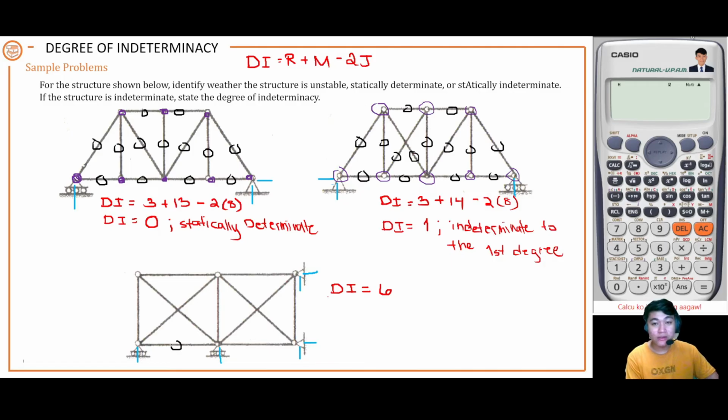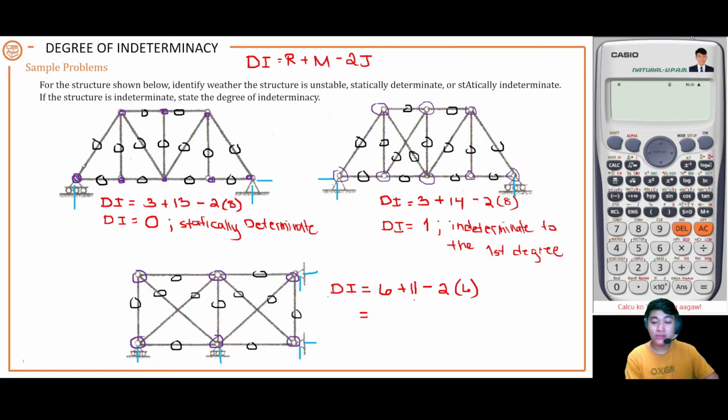So 1, 2, 3, 4, 5, 6, 7, 8, 9, 10, 11. So we have 11 members, plus 11, minus 2 times the number of joints. For the joints, we have 1, 2, 3, 4, 5, and 6 joints. 2 times 6. The answer here is 12.